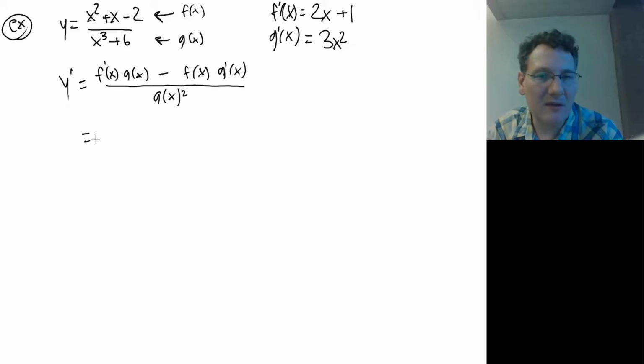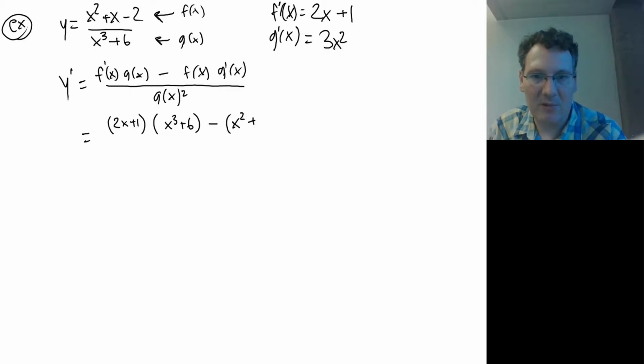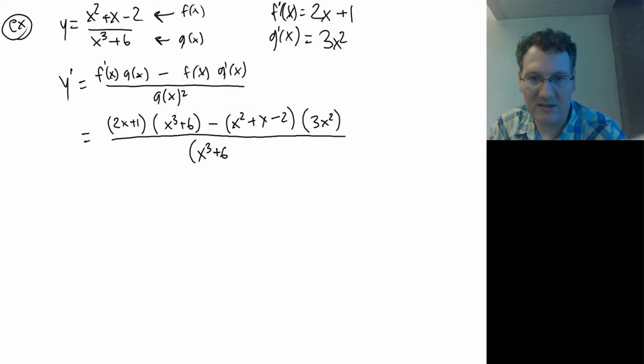So putting everything in, the first term is f prime, 2x plus 1, times g of x, as we have already, x to the third plus 6. Then we have minus f of x, which is x squared plus x minus 2, times g prime of x, 3x squared. Okay, all of that is divided by x to the third plus 6, squared.